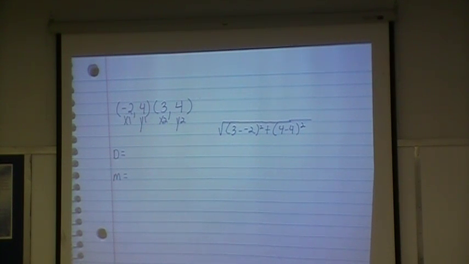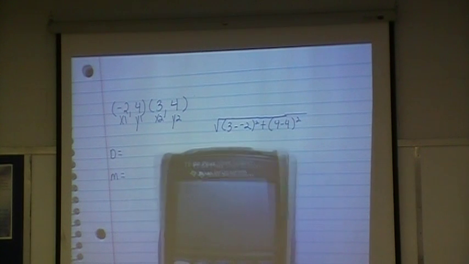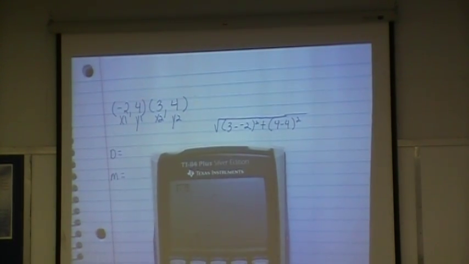So Jaden, tell me, what am I going to put in my calculator? I have the square root in parentheses. I agree with you on that. But from there, 3 plus 2? Nope, that's not your formula. Your formula is x2 minus x1. x1 is a negative. I don't care. You don't put a plus. You put it in there just like it's written.